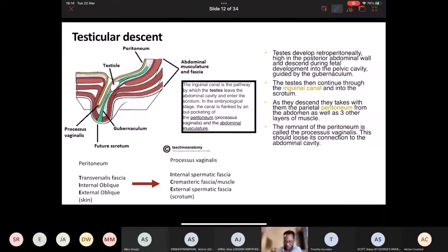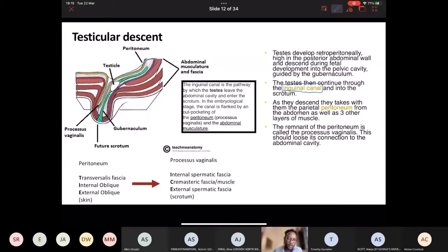Through development of the pelvic cavity, they are guided by the gubernaculum, that structure we just discussed earlier on. The inguinal canal is quite key as it develops, because it is where the gubernaculum pulls the testes through, and eventually where we get the development of the spermatic cord and the development of the scrotum itself.